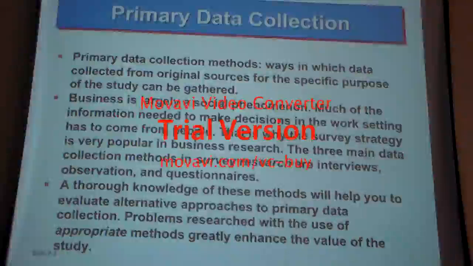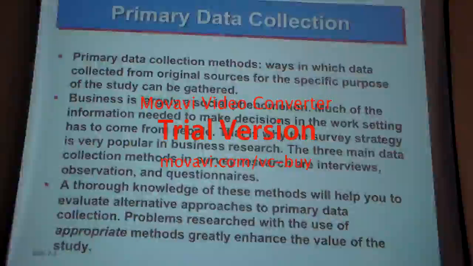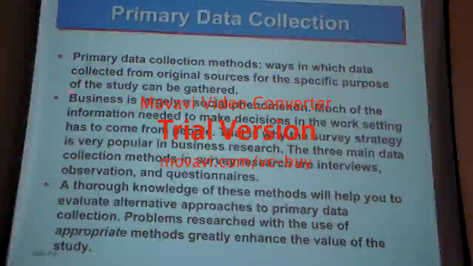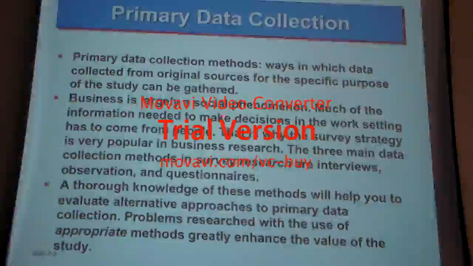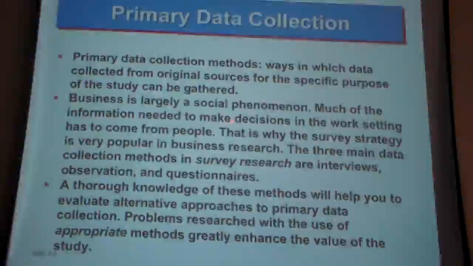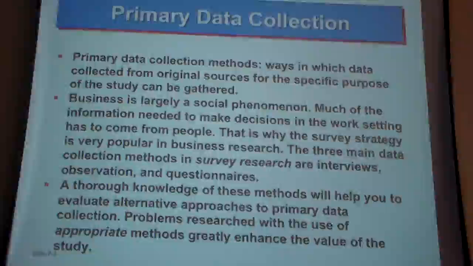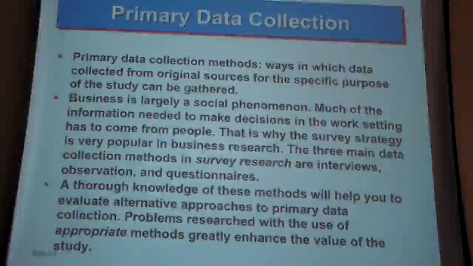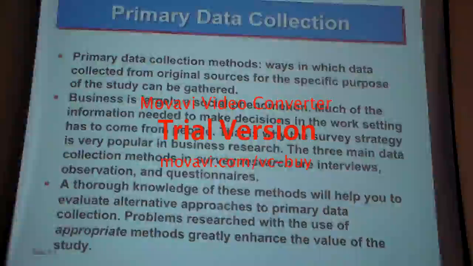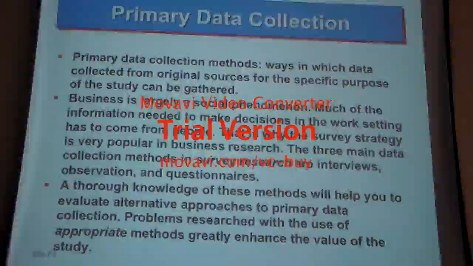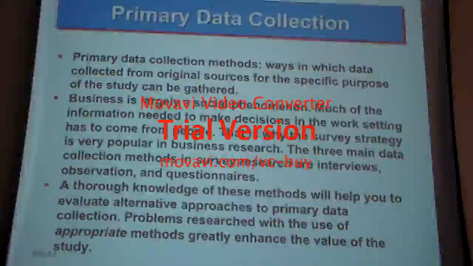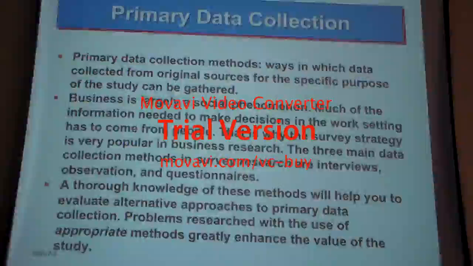For example here, because this book is on research methodology for business, it gives examples about business. Business is likely a social phenomenon. Much of the information needed to make decisions in the work setting has to come from people. Of course, most management research deals with people, so we collect data from people.